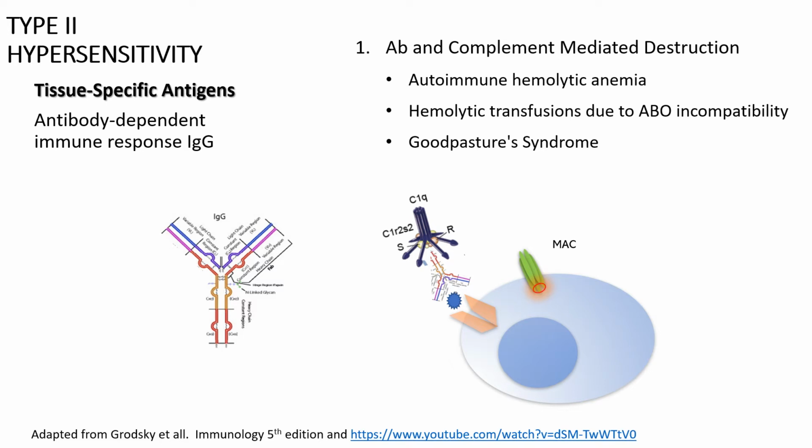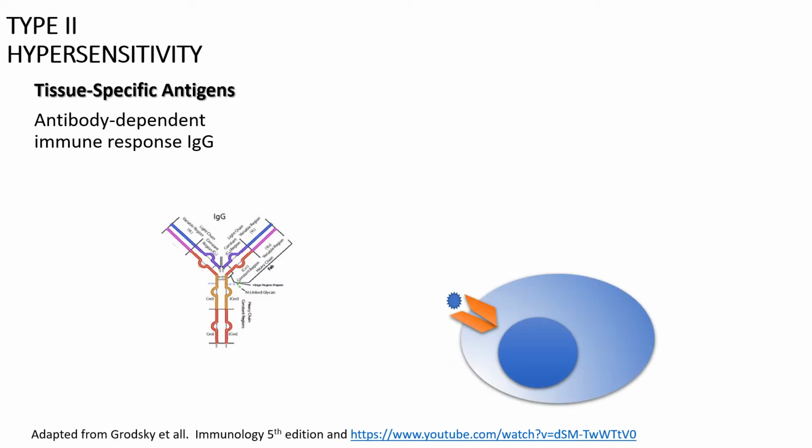Of the first one that we will review, it's the one that's complement activation. Type II hypersensitivity, which again we have the surface antigen and the IgG. In this case, the antibody that engages the antigen on the surface produces the expression of the complement with C3 expression on the surface of the target cell.